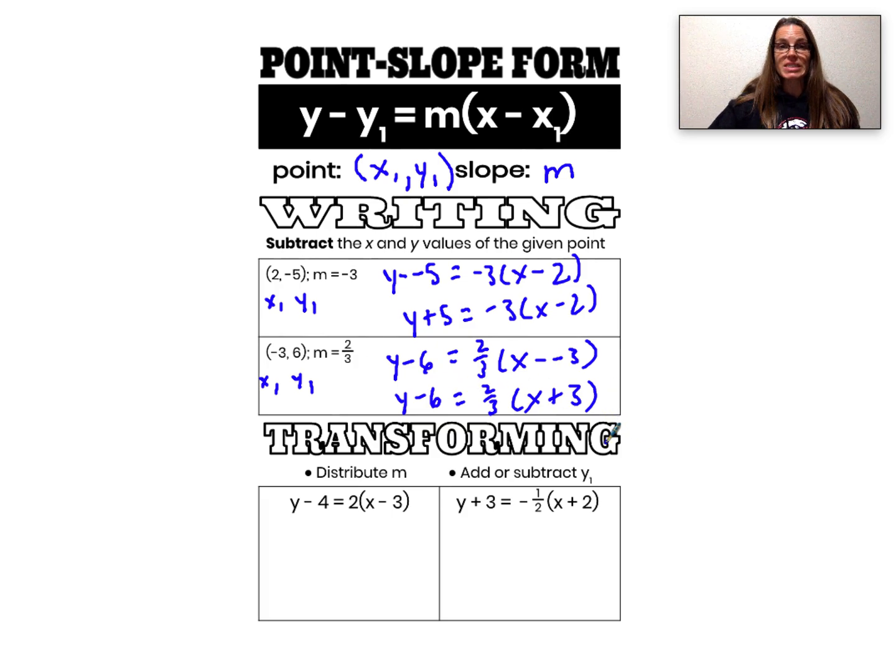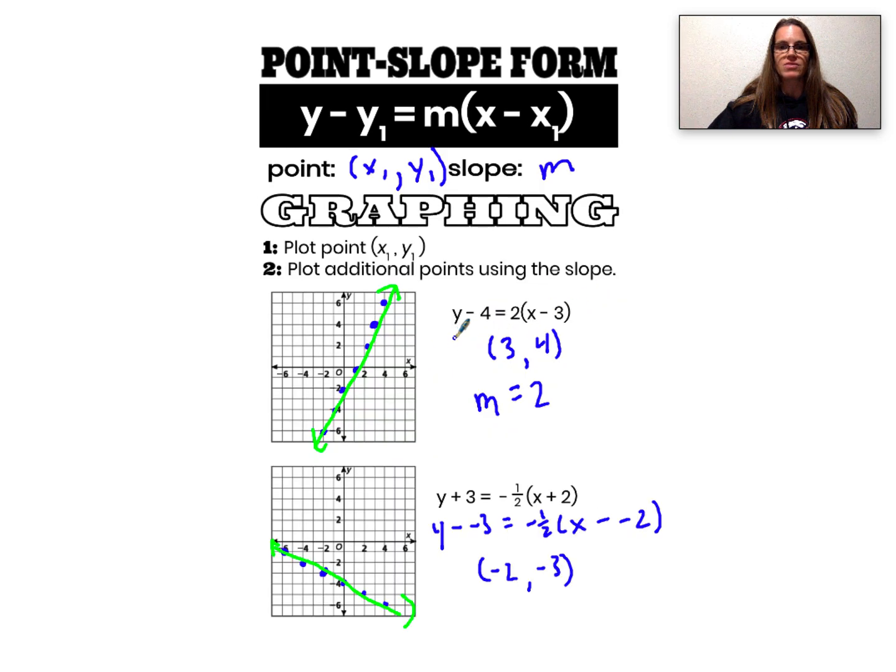Another skill that's really useful with point-slope form is being able to transform from point-slope form into slope-intercept form, y equals mx plus b. If you recall, these two equations are actually the equations that we graphed on our previous notes page. y minus 4 equals 2 times x minus 3, y plus 3 equals negative 1/2 x plus 2.